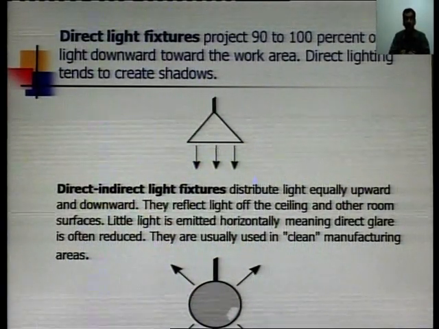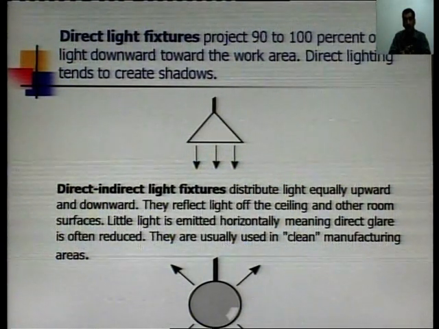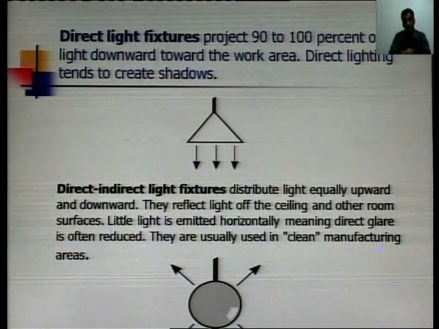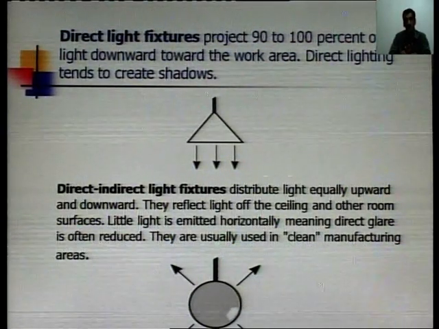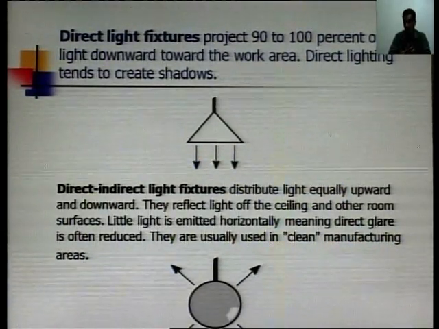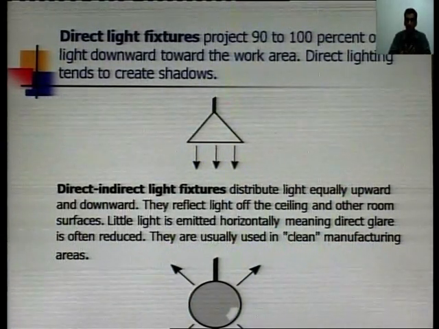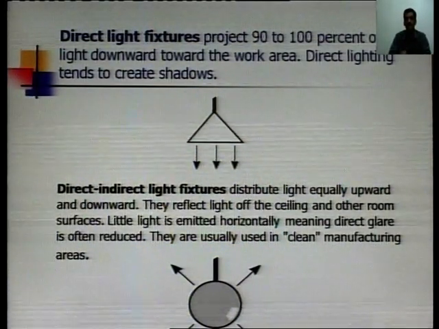It might be required, for example, in an auditorium where a play is going on and you need to highlight a particular scene. In that case, we need that kind of lighting.